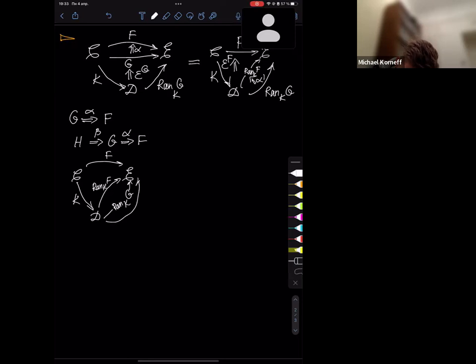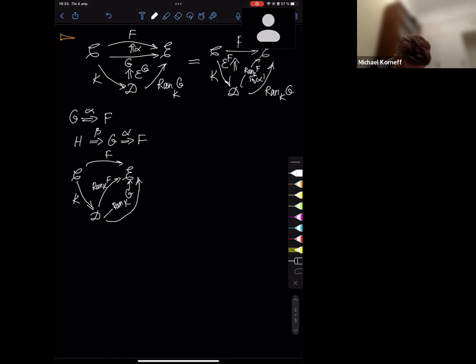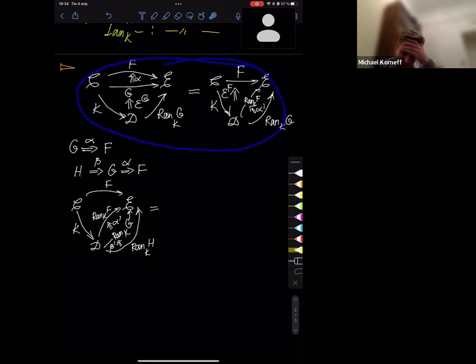And last is a right Kan extension of H along K. And we have natural transformations between these functors. Denote them alpha prime, beta prime. And then we can compose these two cells by means of the following equality.